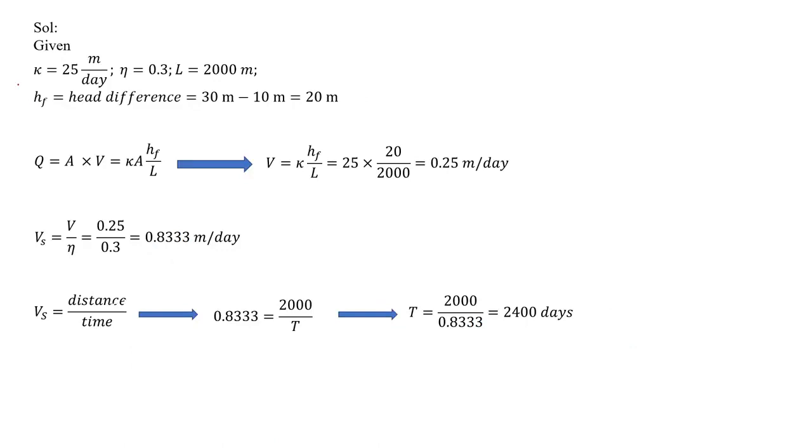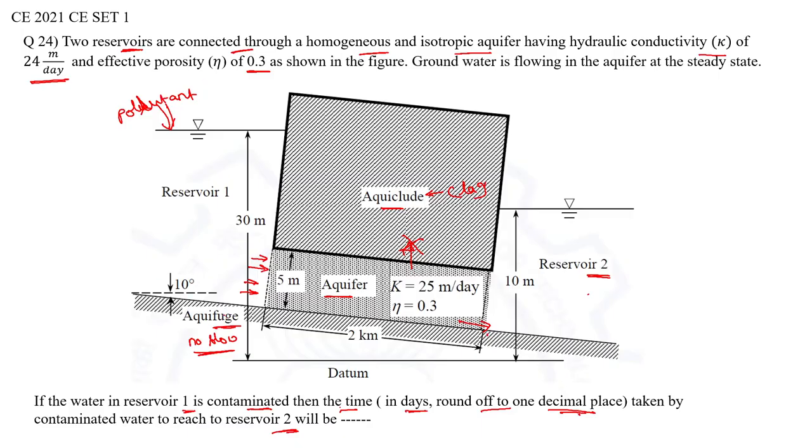What are the given data? Hydraulic conductivity is given as 25 meter per day, porosity is 0.3, and the length: here is reservoir 1, here is reservoir 2, and it is 2 kilometers. If you observe clearly, there is a 10 degree angle. One may make a mistake here: rather than taking the direct flow direction length, one may take this other length.